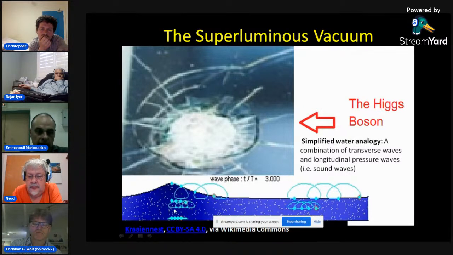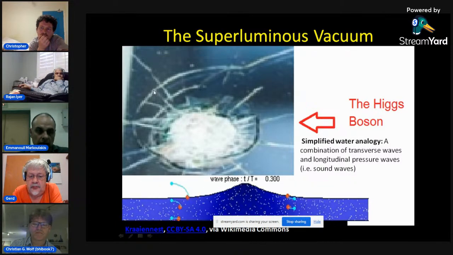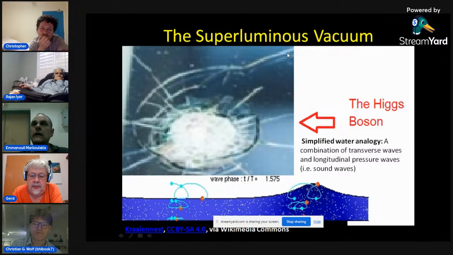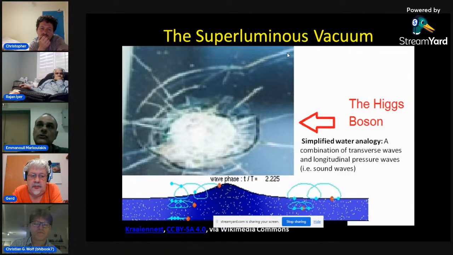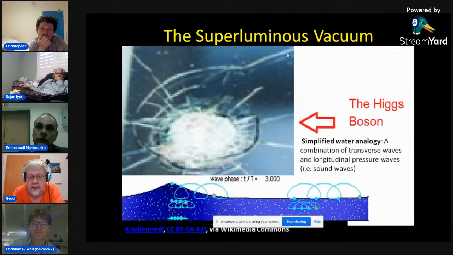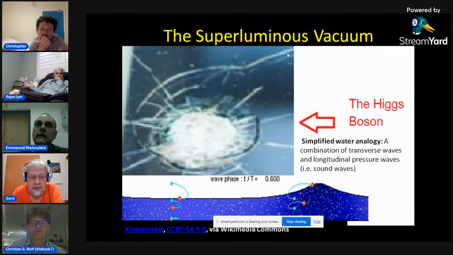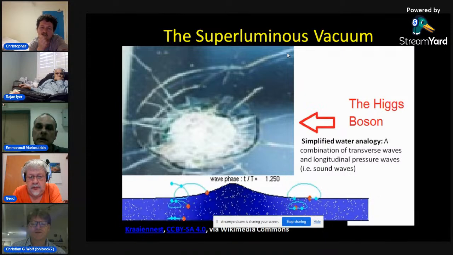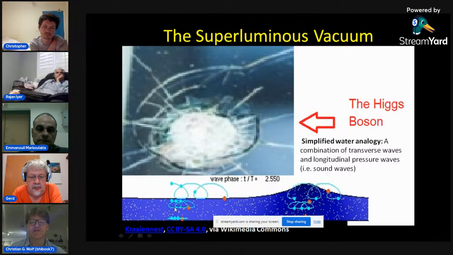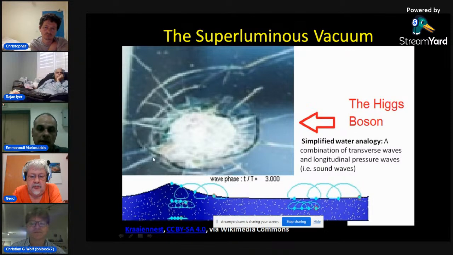And this is not at light speed. This part of the wave is what gives the instantaneous action at a distance between the spins of two entangled particles. So in this model, the wave is superluminal in this image.